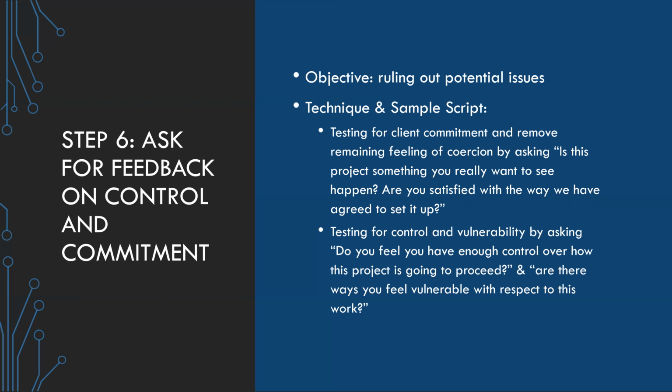Are you satisfied with the way we agreed to set this up? It's very important to ask these questions because oftentimes in this contracting stage, coercion could occur. Sometimes clients may be very agreeable individuals and may agree to all your requests, but toward the end, they feel they are being forced into that particular situation.